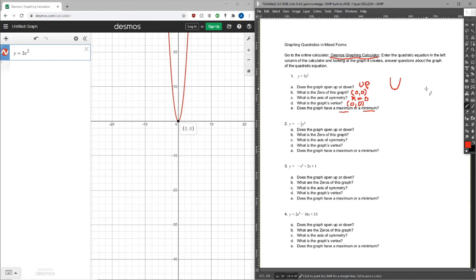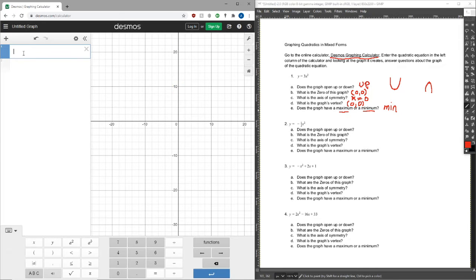When the graph is a negative graph and it has a U shape that goes upside down, then the vertex will be the highest point of the graph and will be a maximum. But in this case, the graph is the lowest point. You can see that vertex is the lowest point. So you can just write that it's a minimum, or I'm going to write min for short, and you can abbreviate too.